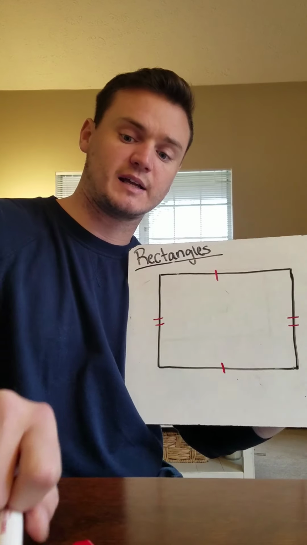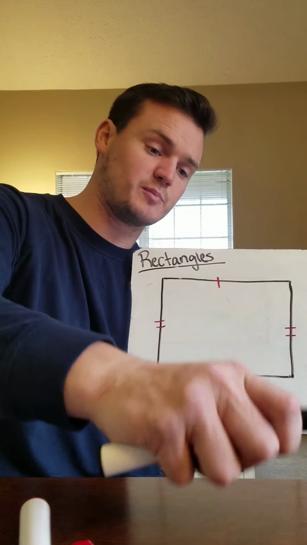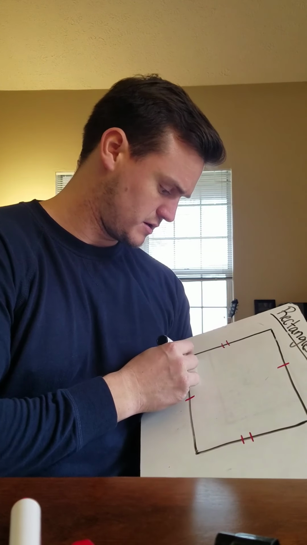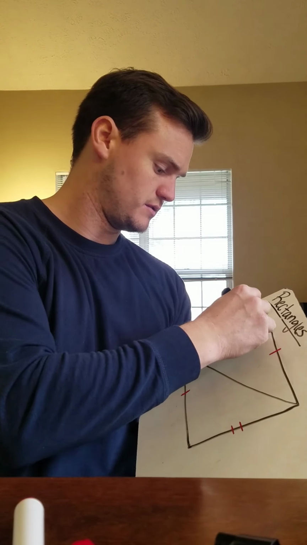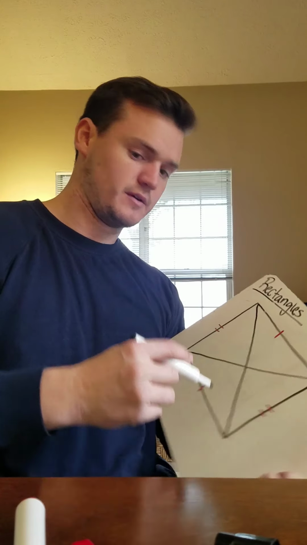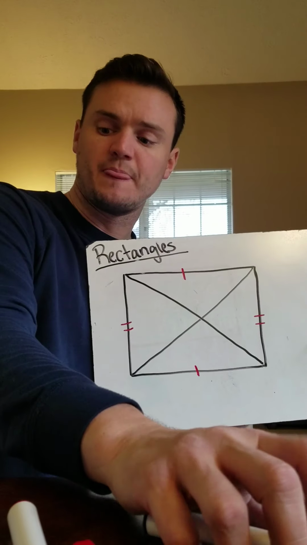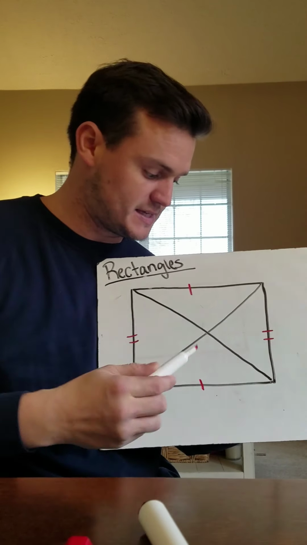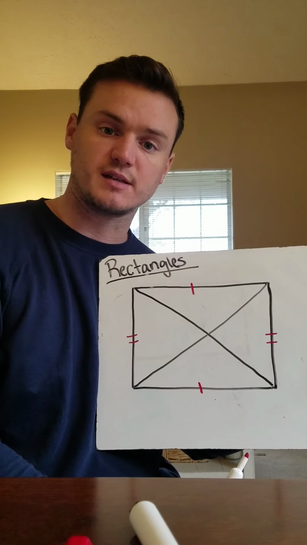Now, the other thing that comes with rectangles and with parallelograms are when you draw the diagonals in. So I'm going to draw those in real quick. You have these diagonals formed right here. And when we're dealing with rectangles, one of their main features is that these diagonals are actually the same length as well.